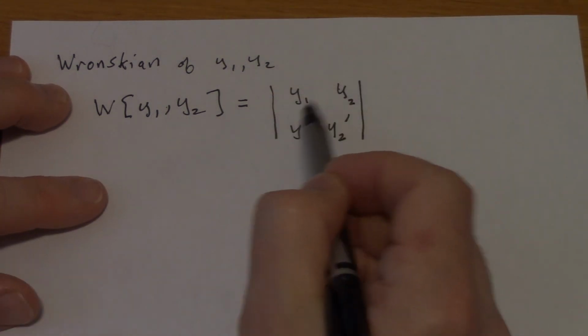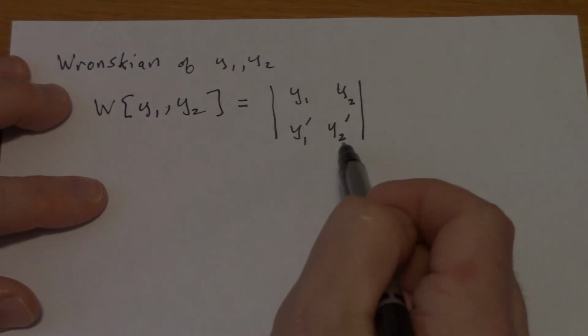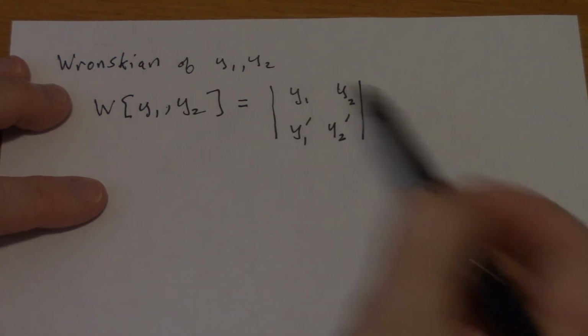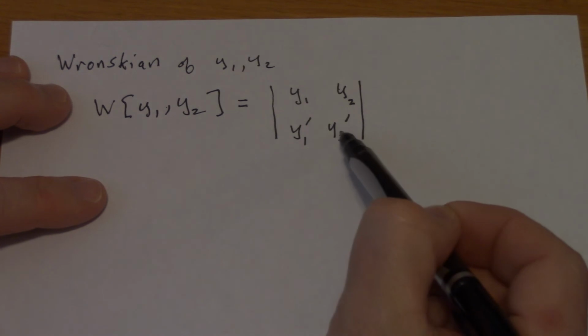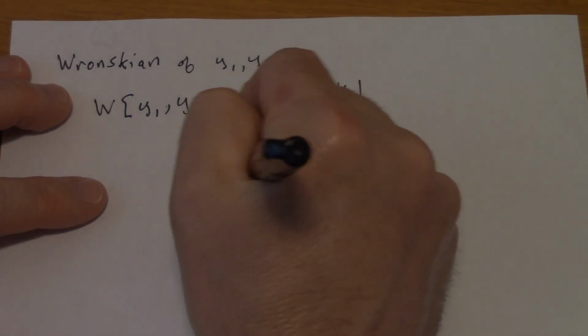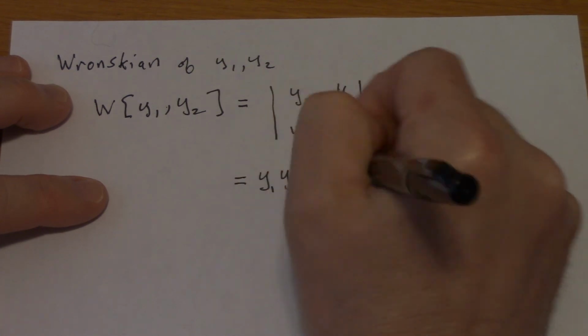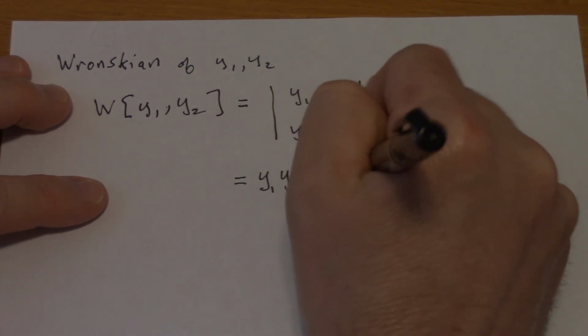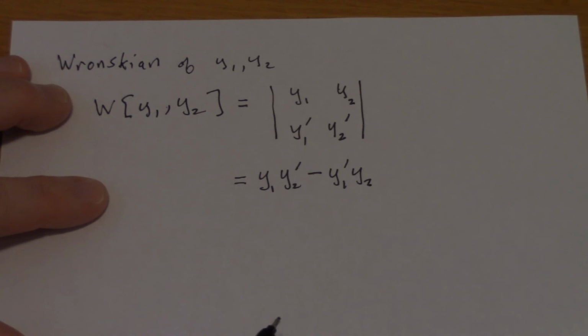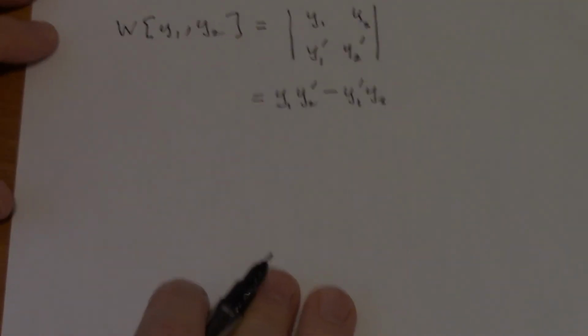So the top row is y1, y2, and the bottom row is y1 prime, y2 prime. And we find a determinant of a 2x2 by doing this times this minus that times that. So this would be y1 y2 prime minus y1 prime y2. Kind of almost looks like the product rule, but it's not.